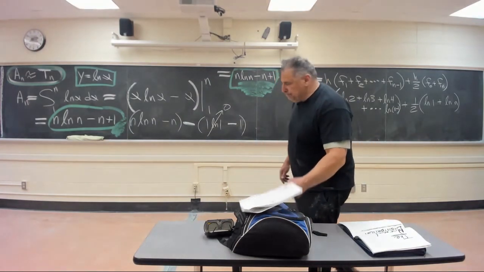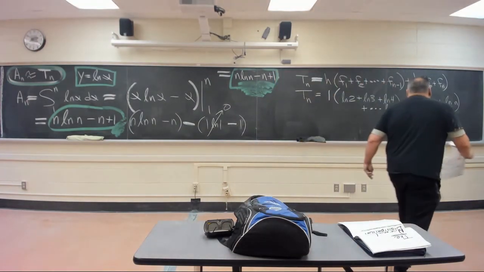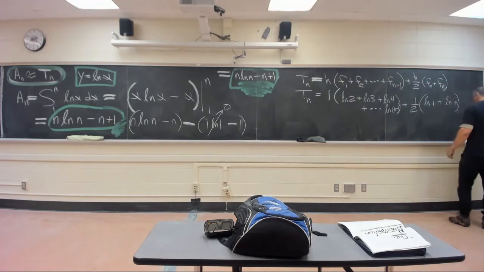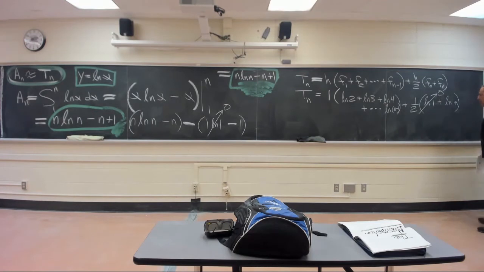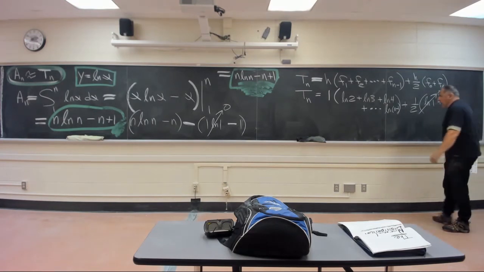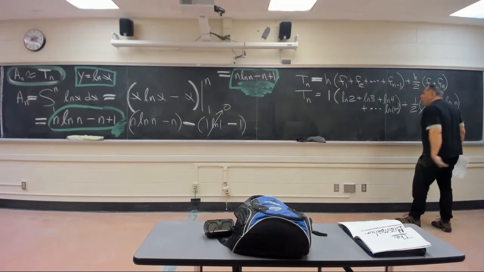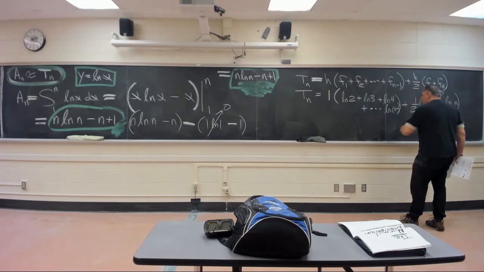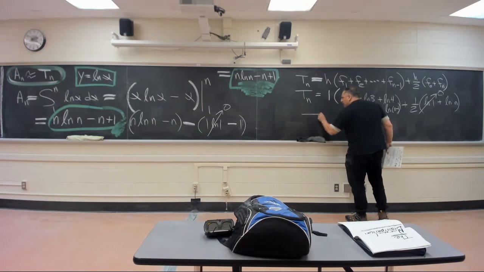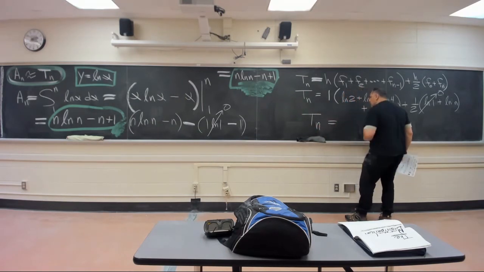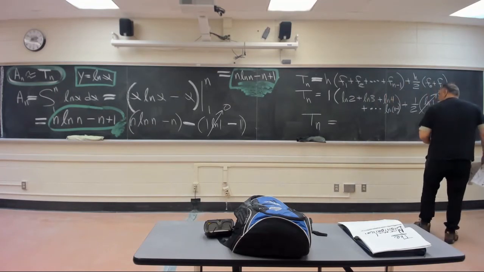The ln of 1 is 0. If you're adding, the 1 here is just a 1. That's a half.